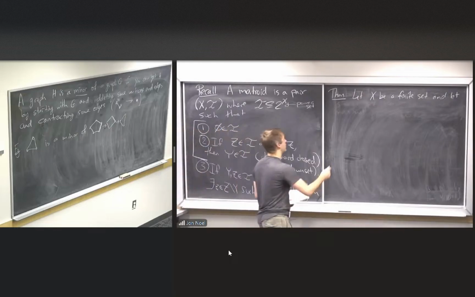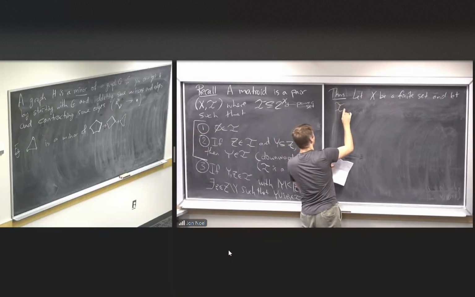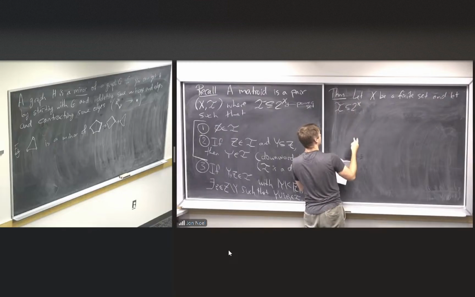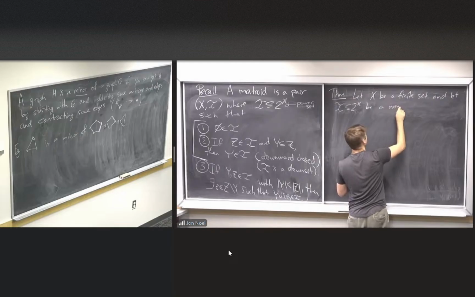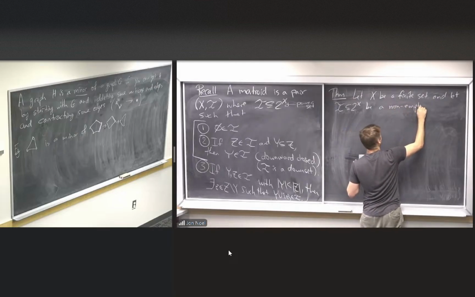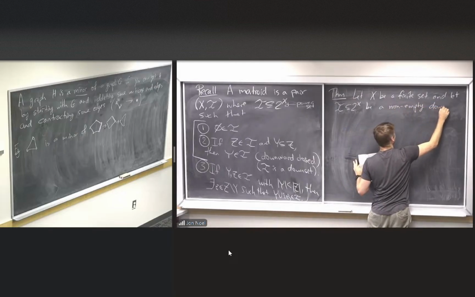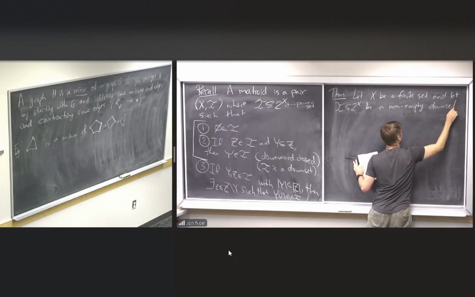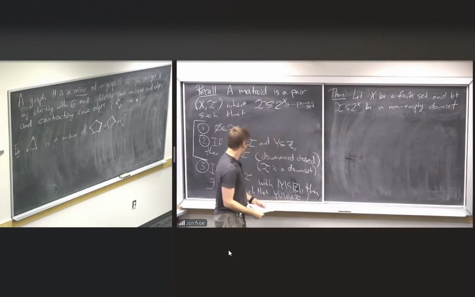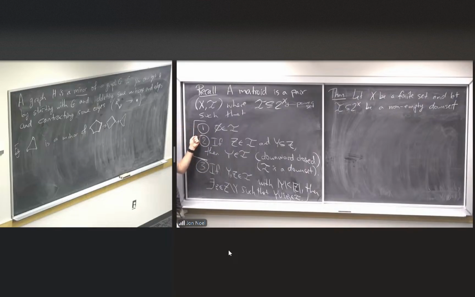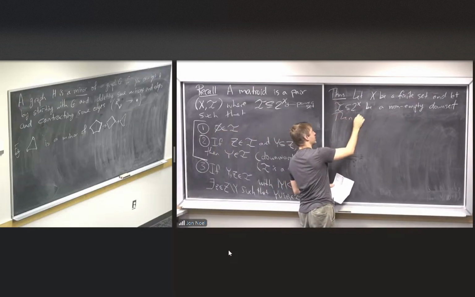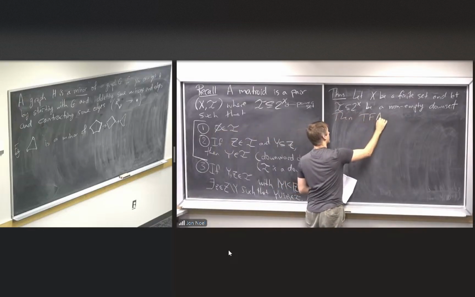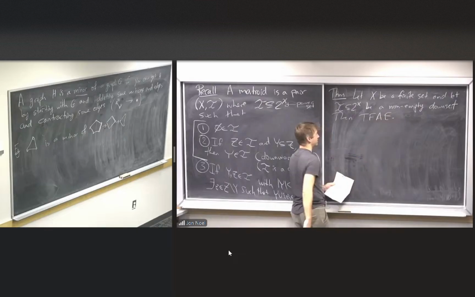So the way I'll say this is I'll take I to be a subset of the power set, a non-empty down set. If you think about it, that's going to imply that it satisfies these two things. Then what I want to show is that the following are all equivalent.